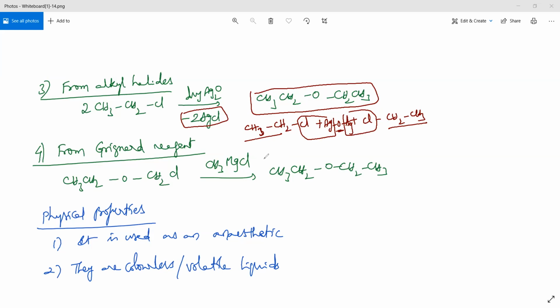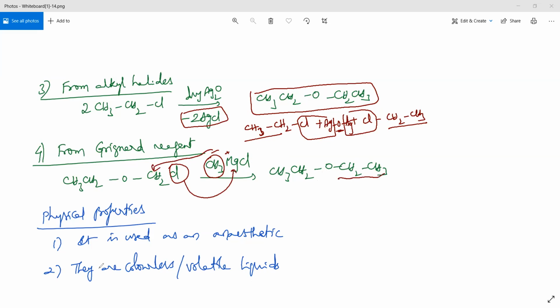Already I told you, with RMgCl you will get CH3 minus and Mg plus. Then this chlorine will be attached with magnesium, and CH3 minus will attach to this CH2. So you are getting CH2CH3 here.